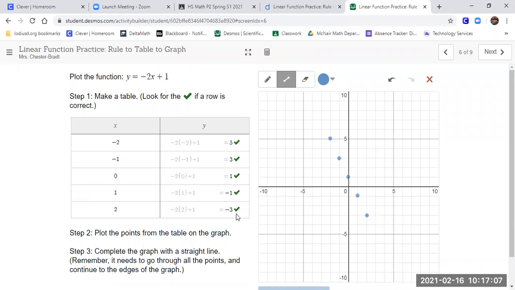Okay. If I said x of +3, where would my y be? How much are they skipping? What's it doing?